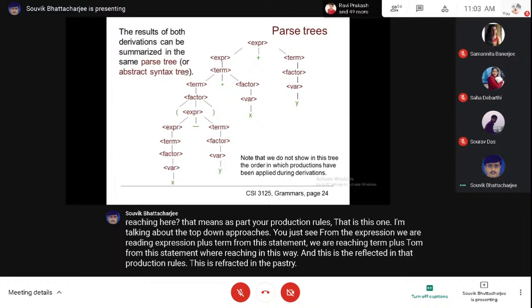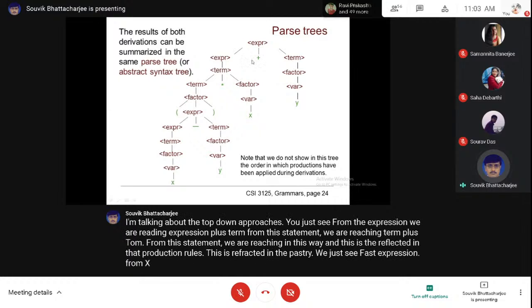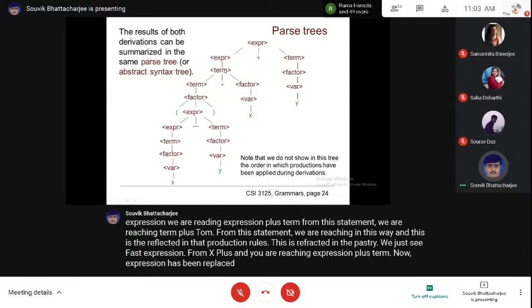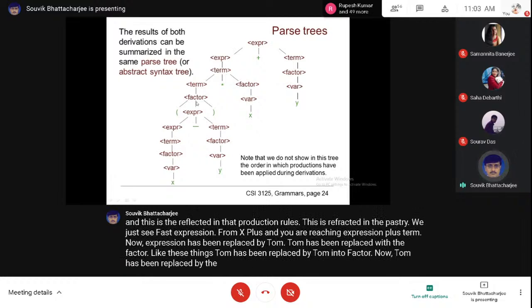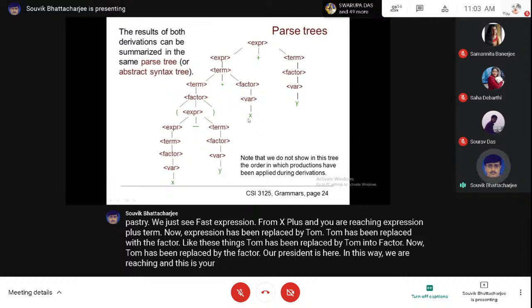You just see, from expression you are reaching expression plus term. Now expression has been replaced by term. Term has been replaced by the factor. Term has been replaced by term into factor. Now term has been replaced by the factor. Factor has been replaced by the EXPR. In this way we are reaching, and these are your leaf nodes, which are always the terminal symbols or the variables.